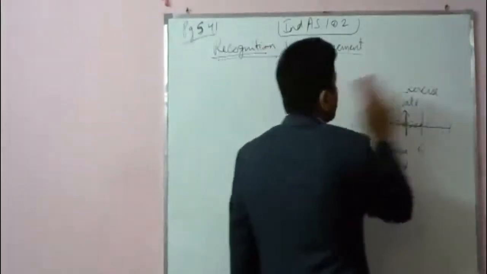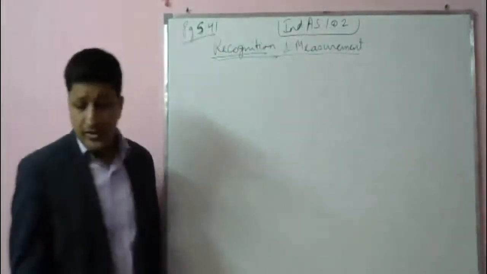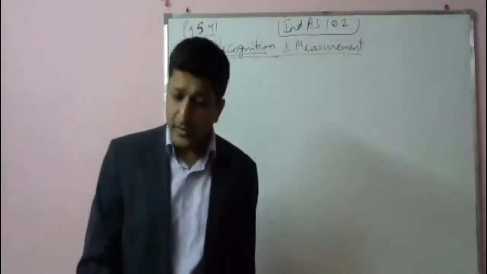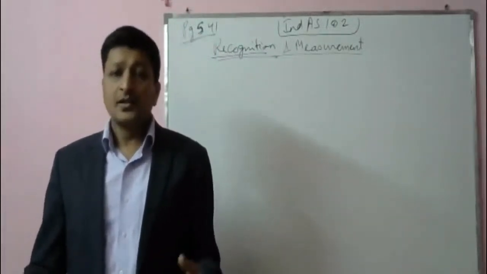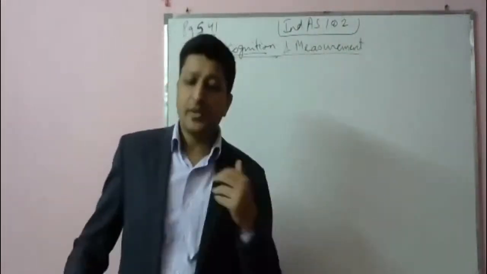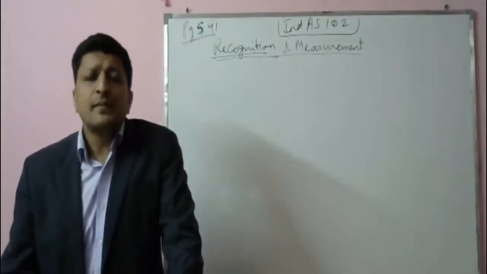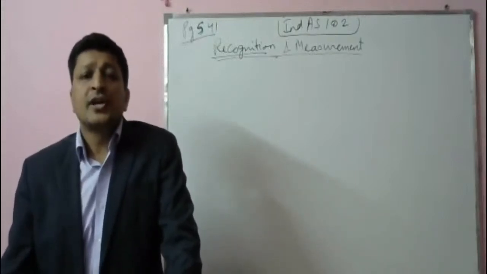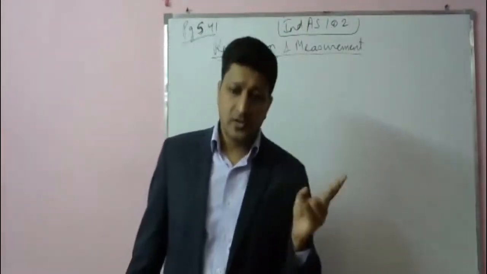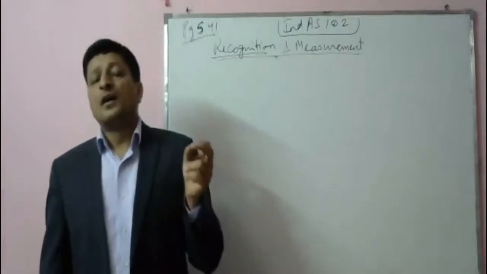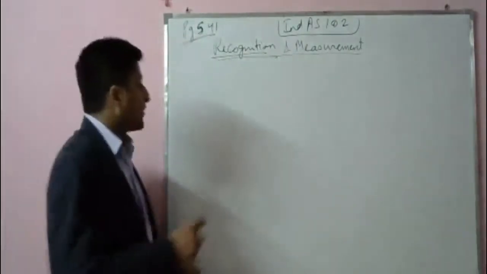Now you can all start referring to that table, which is available on page number 5.41. A very important table, you can say, and it summarizes the recognition and measurement requirements. Now the measurement of a share-based payment arrangement will be dependent on two things: whether the counterparty is an employee or a non-employee.